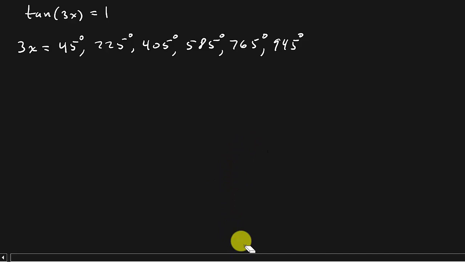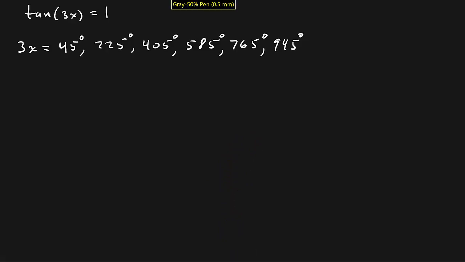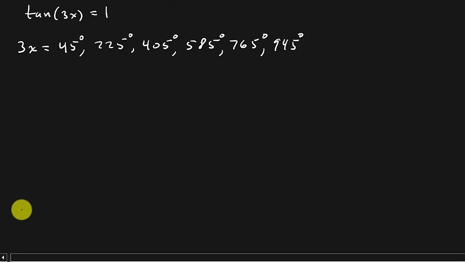But let's look at this. What I want to do real quick is write the original problem down again. So I get tangent of 3x plus 1 equals the square root of 2 secant 3x.